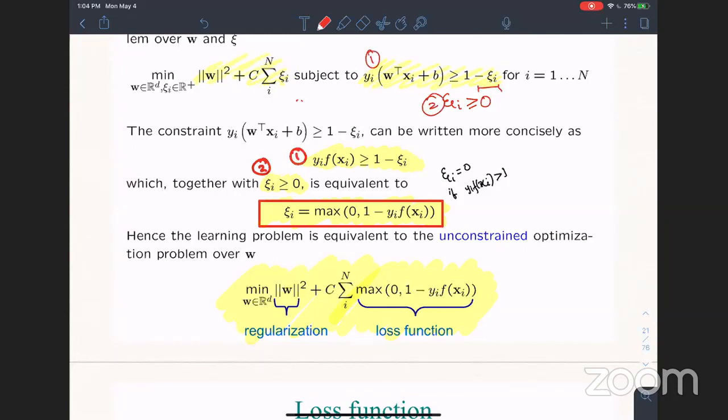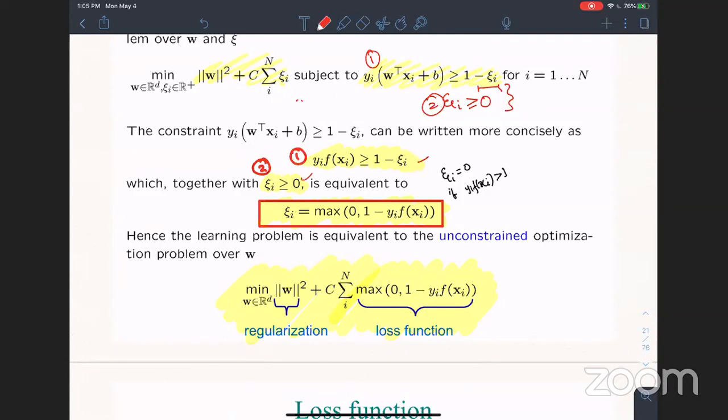First of all, you have to make sure that points are respecting their own margin with some slack variable eta i, and also eta is greater than or equal to 0. So I'm trying to create a constraint which captures these two points.